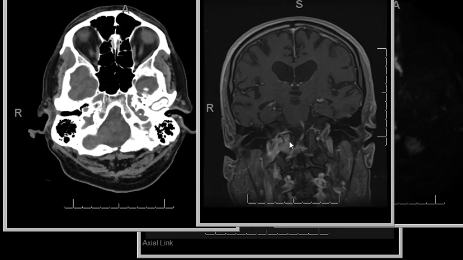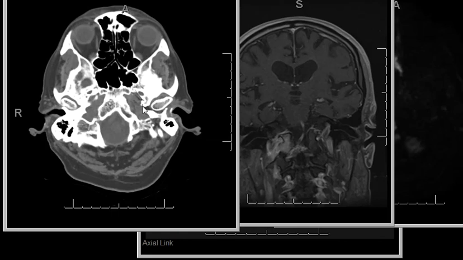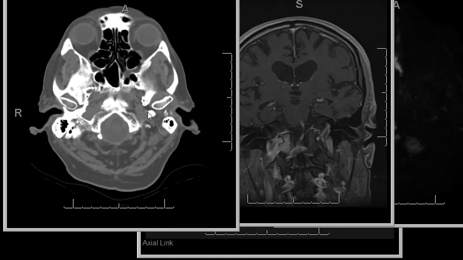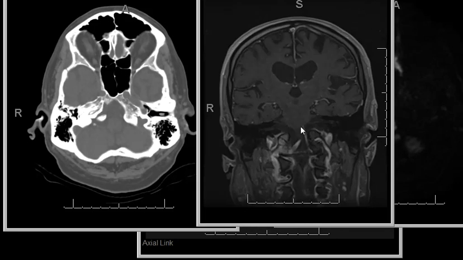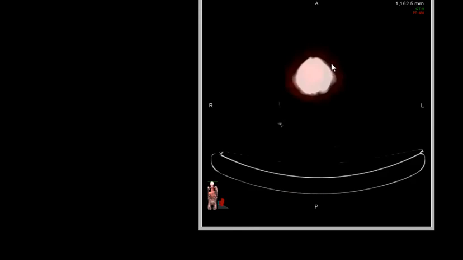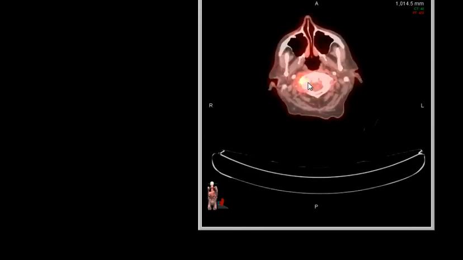So just to show you that some areas are hard to call; it was not called on the MRI brain or the MRI of the cervical spine, because this area is very subtle, and even CT is hard to call. But this is easy to see on the PET CT.